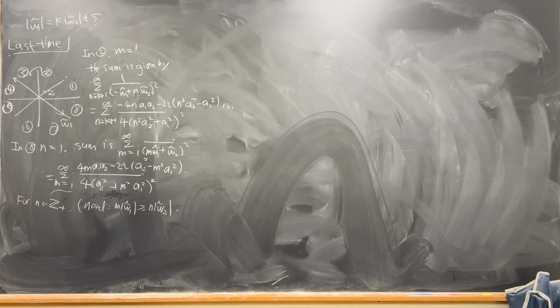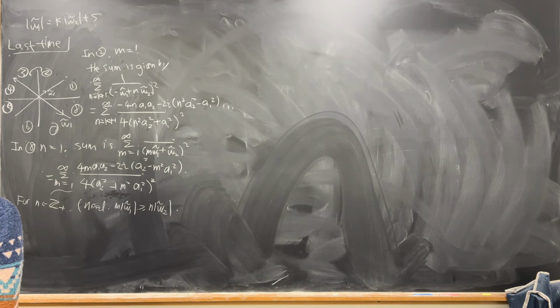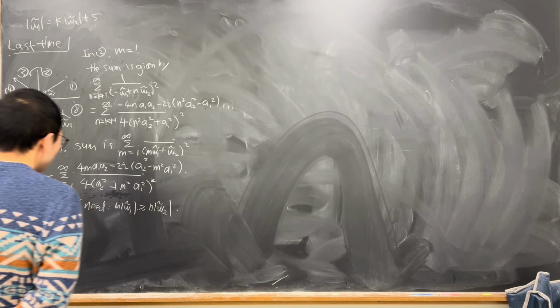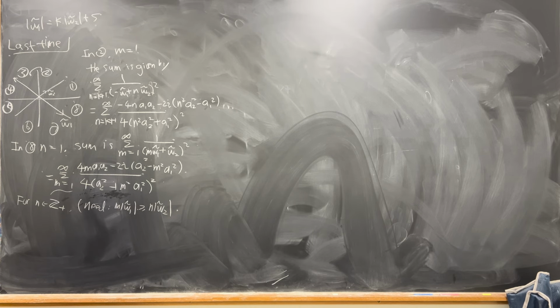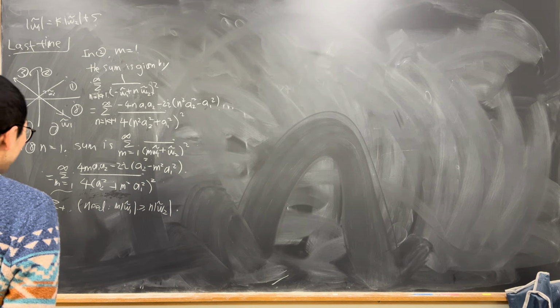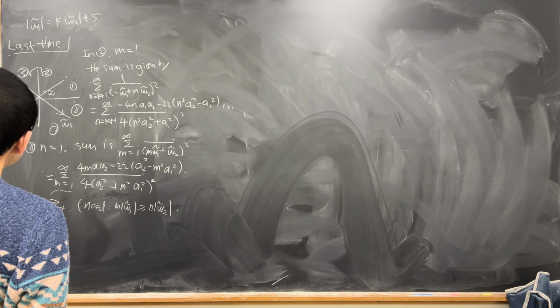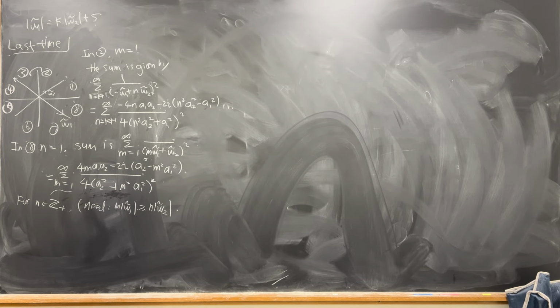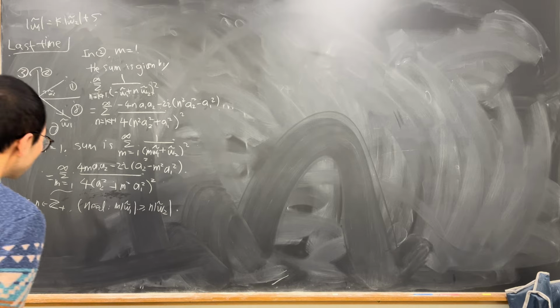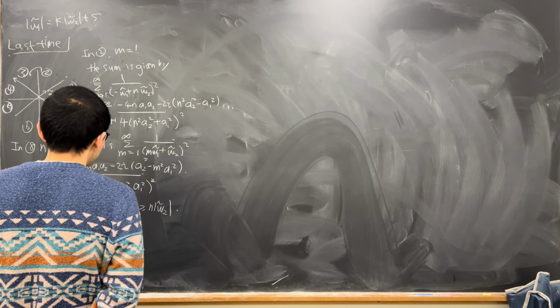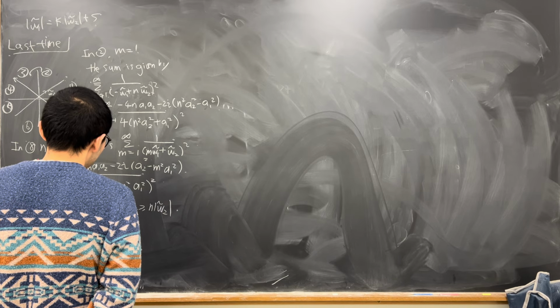Wait, hold on one second. Okay, so this m omega 1. I know that k plus 1 omega 2 is bigger than this 1 omega 1.